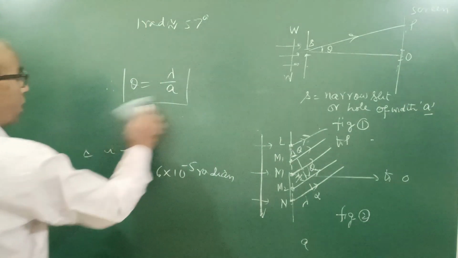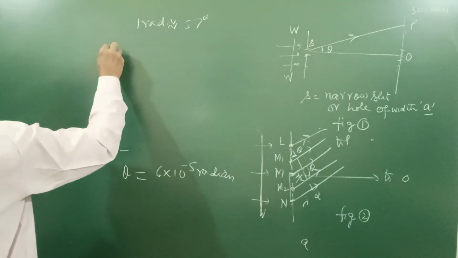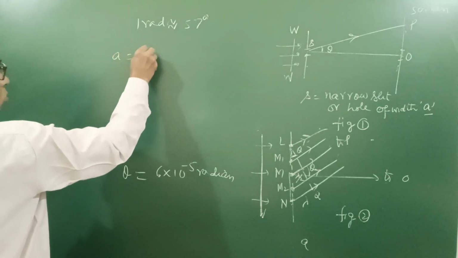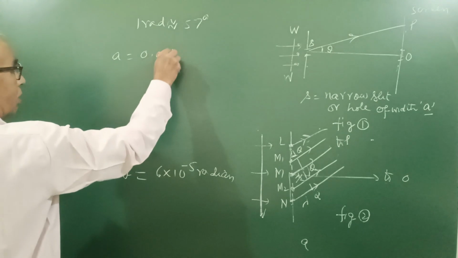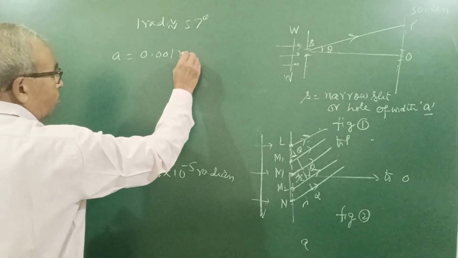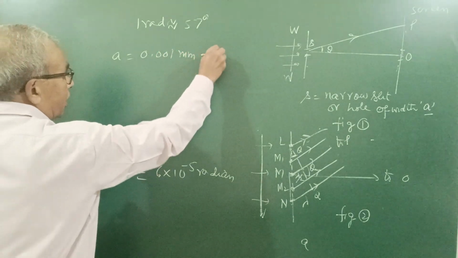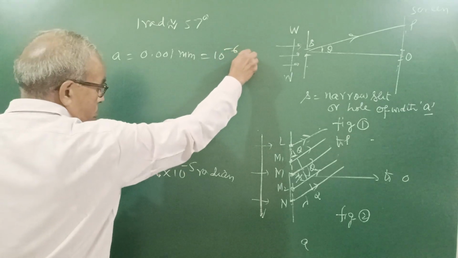But if A is equal to 0.001 millimeter, then you get 10 to the power minus 6 meter.